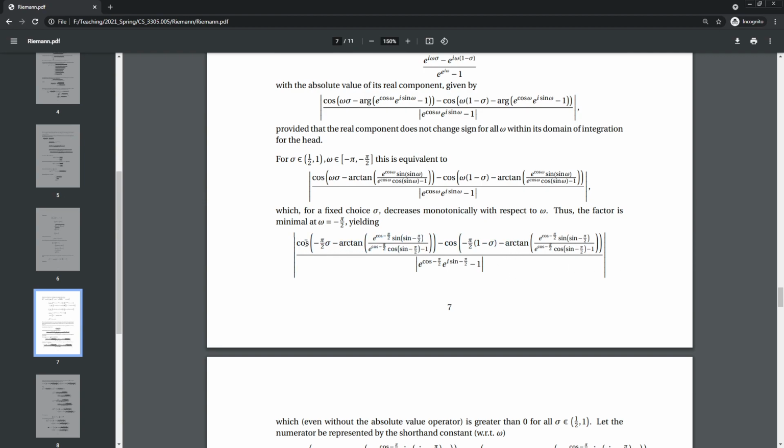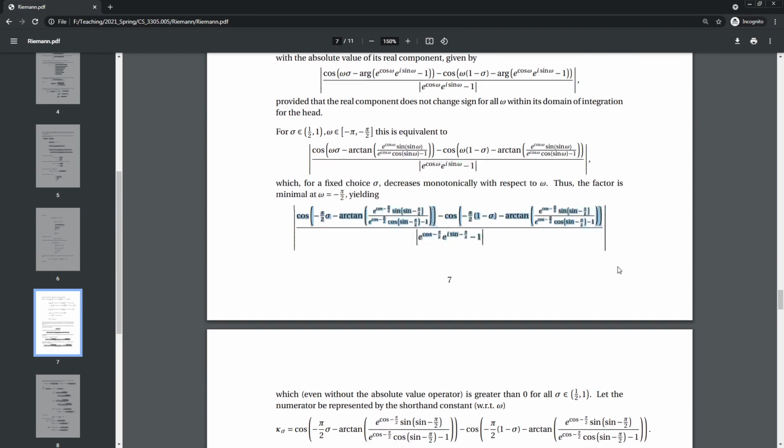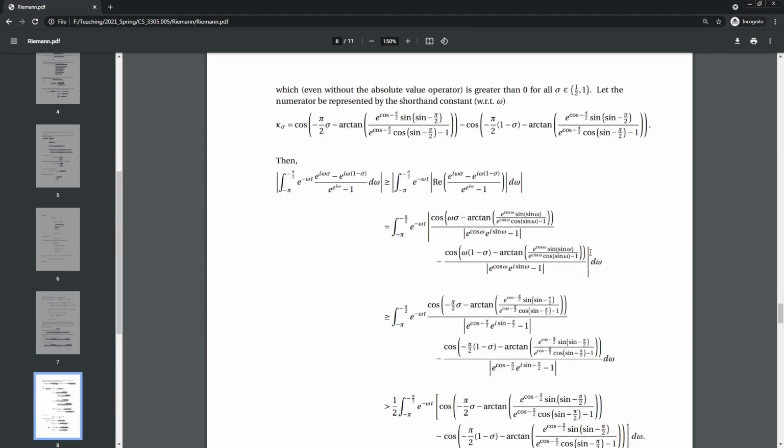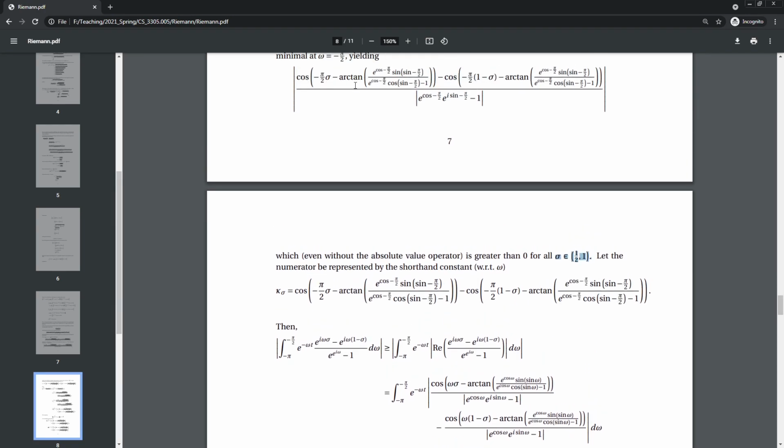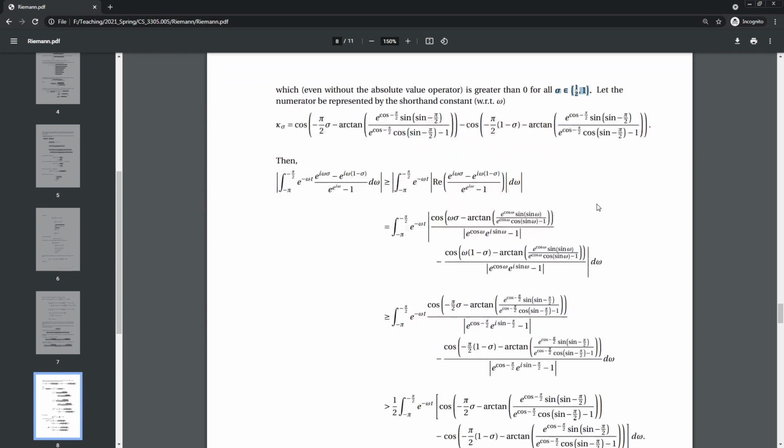We've made these simplifications and created this lower bound which does not depend on omega. So now we can integrate it, which even without the absolute value operator is greater than 0 for all sigma in 1/2 to 1. Even without the absolute value, this is strictly positive, and it's all real. It's all a real value, and it's positive, but we have the absolute value signs to emphasize that it's going to be positive.